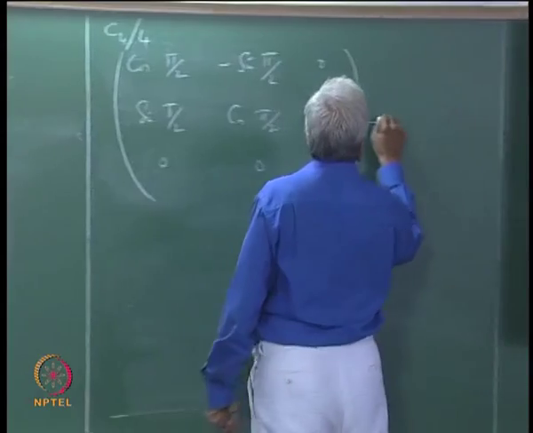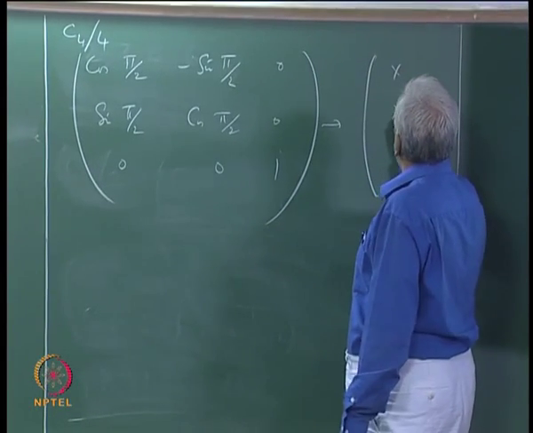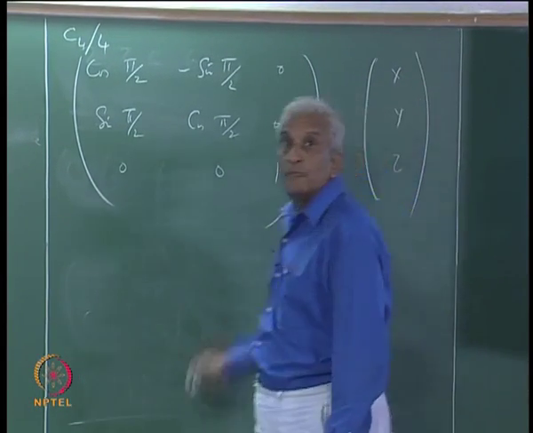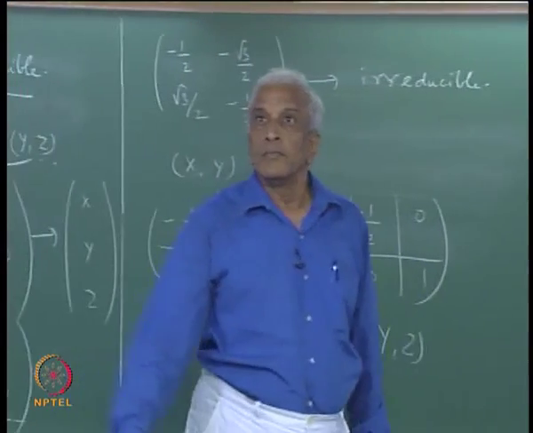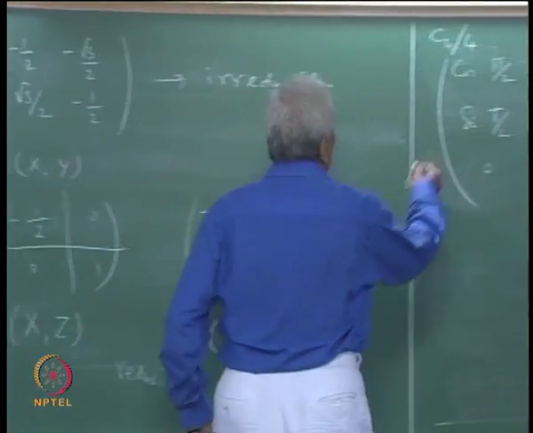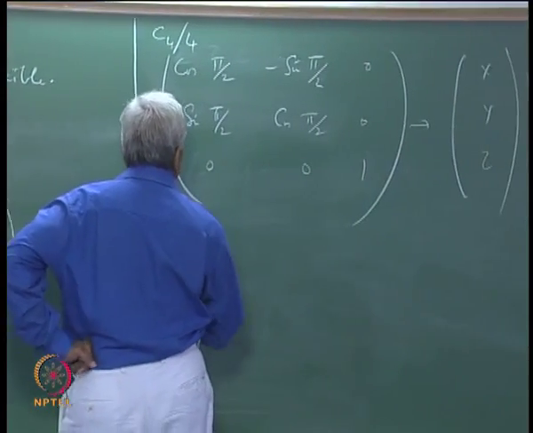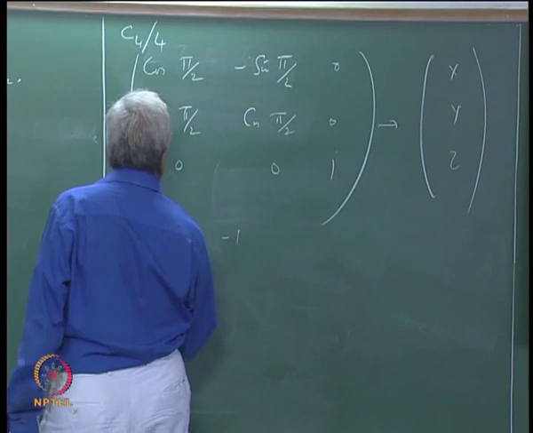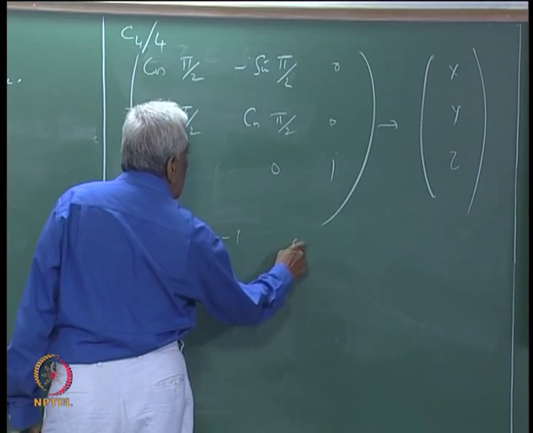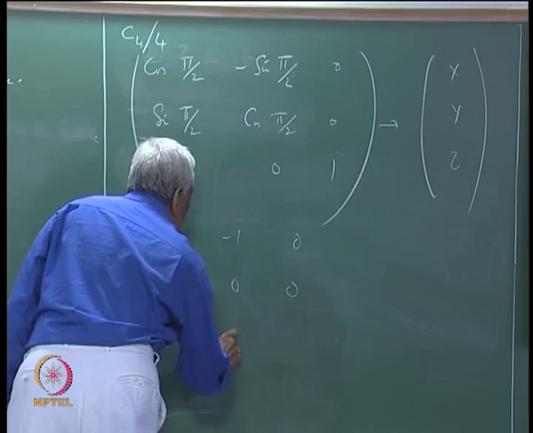That is the three dimensional representation with x, y and z, and that would correspond to cos pi by 2 is 0, and minus 1 1 0 0 0 0 1.